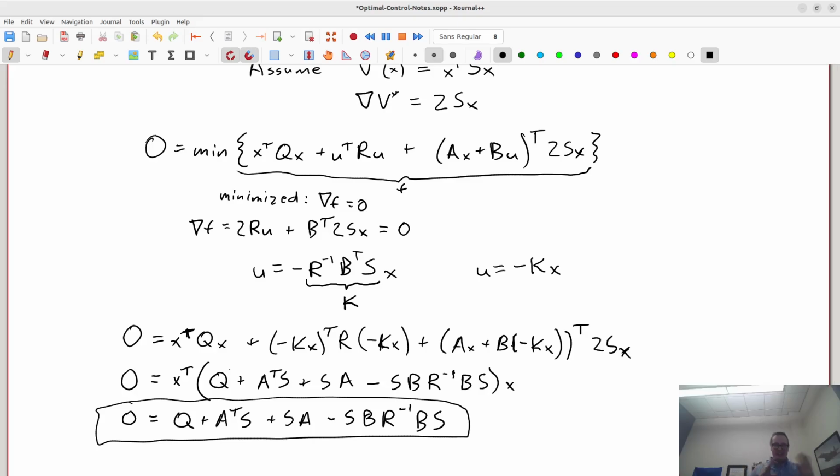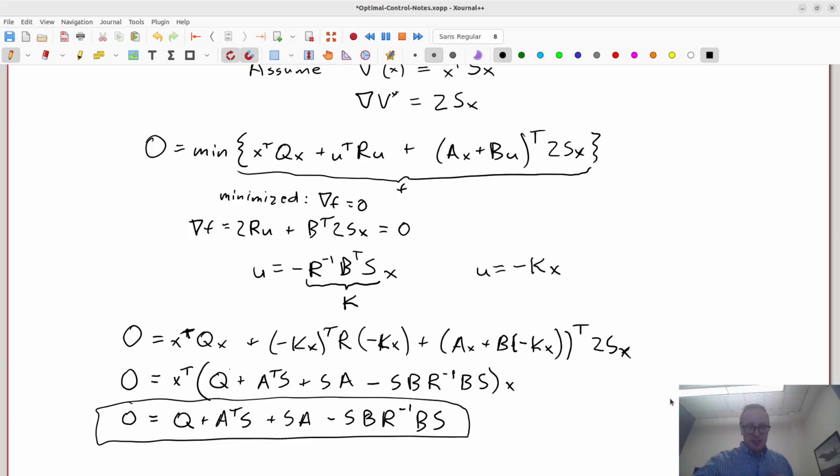So you can think of this as a quadratic matrix equation a little bit. But there are ways to solve this numerically, and that's what MATLAB does within its LQR function. So that is LQR. That's how we solve it.